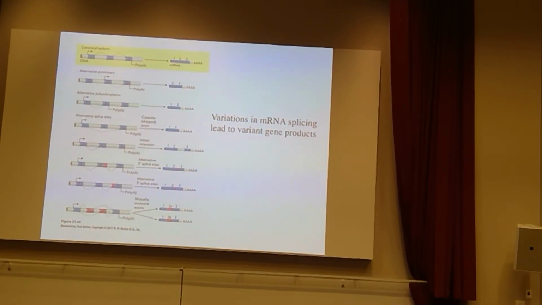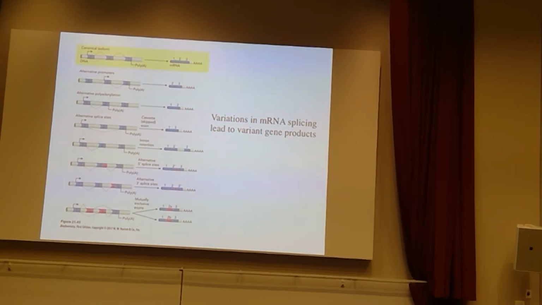These sorts of variations in mRNA splicing can be carried out in a number of different ways. So here at the top, you see a representation of a really typical processing of an mRNA, but we can bring in alternative promoters and begin the process of RNA synthesis at an alternate start site, in which case we're going to generate a truncated mRNA that's going to be missing the first part of the canonical product. We talked before about different places for polyadenylation.